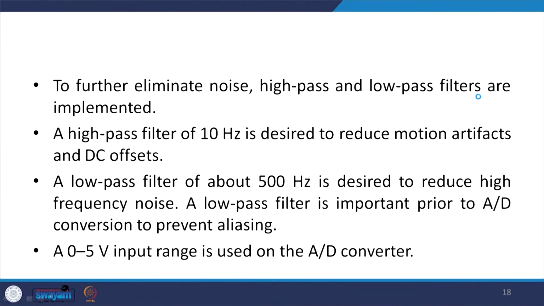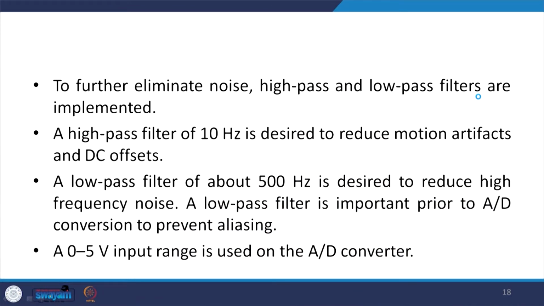Okay. So, a high pass filter of say 10 hertz is desired to reduce motion artifacts and the DC offset voltage, and a low pass filter of about 500 hertz is desired to reduce high frequency noise.